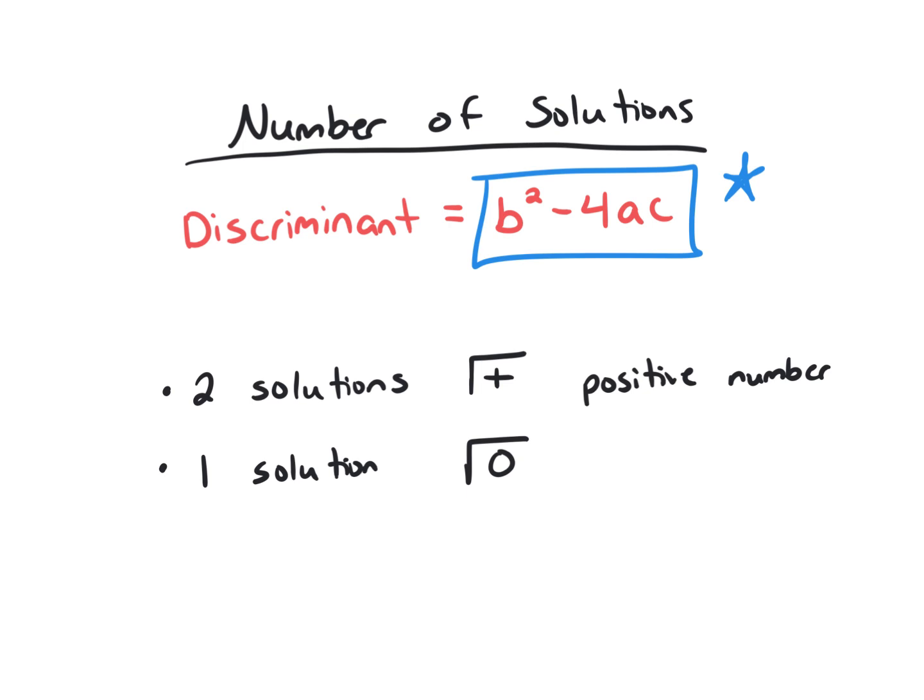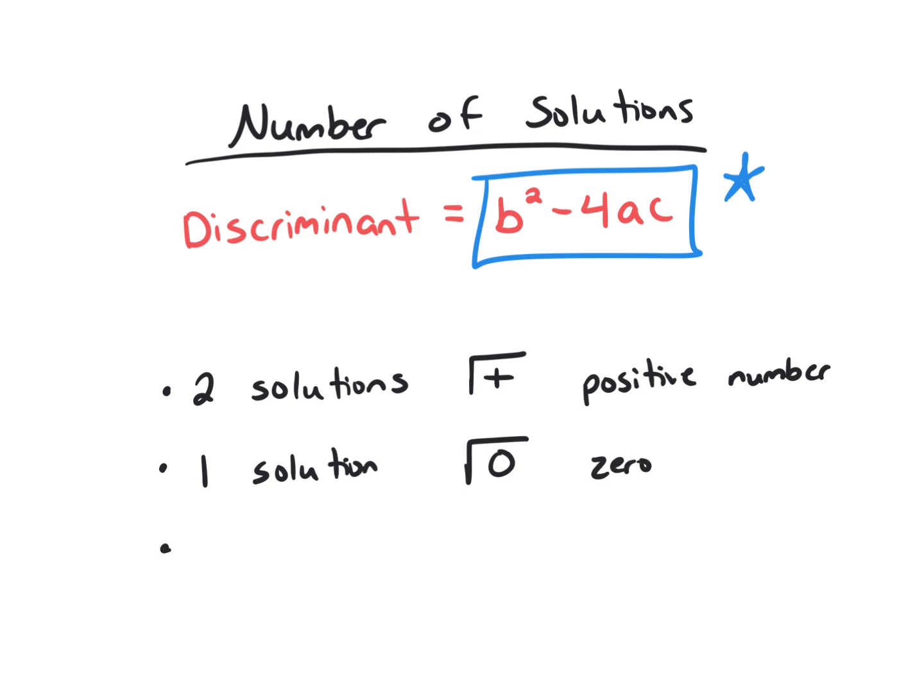What happens when I take the square root of 0? You get 0. So do not write this down, but if I had plus or minus the square root of 0, this kind of goes away. We're only going to have 1 solution with that because the plus or minus goes away. So if you have 0 inside the radical, that is your 1 solution.